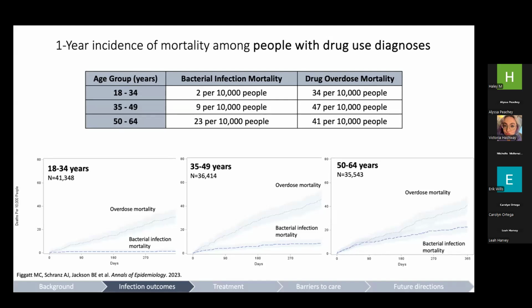And so we see that bacterial infection mortality was lower than overdose mortality, but it's not non-existent, and we see that it increases with age. I think it is a notable contributor. And over time, as we see some of these increases in bacterial infection, it's important to keep looking at this data to see how these trends change as things progress.